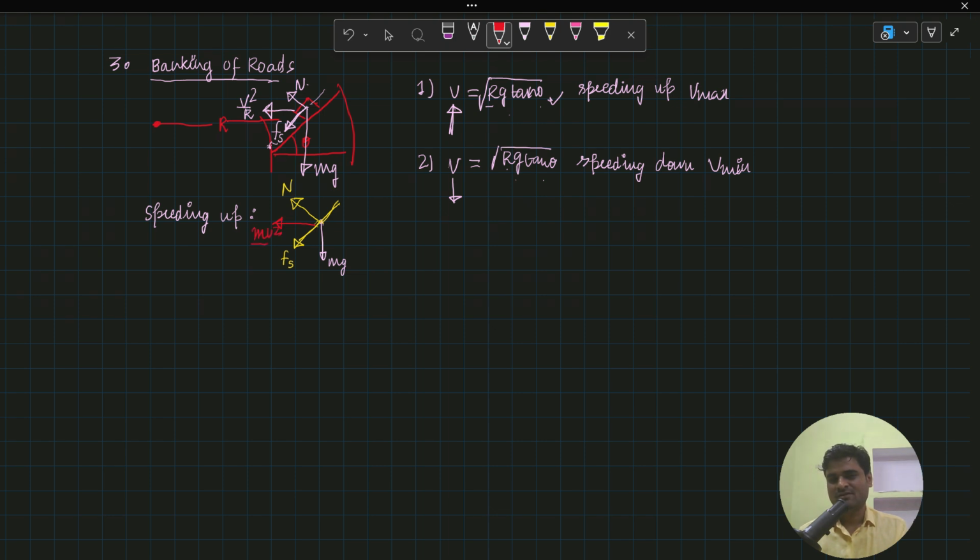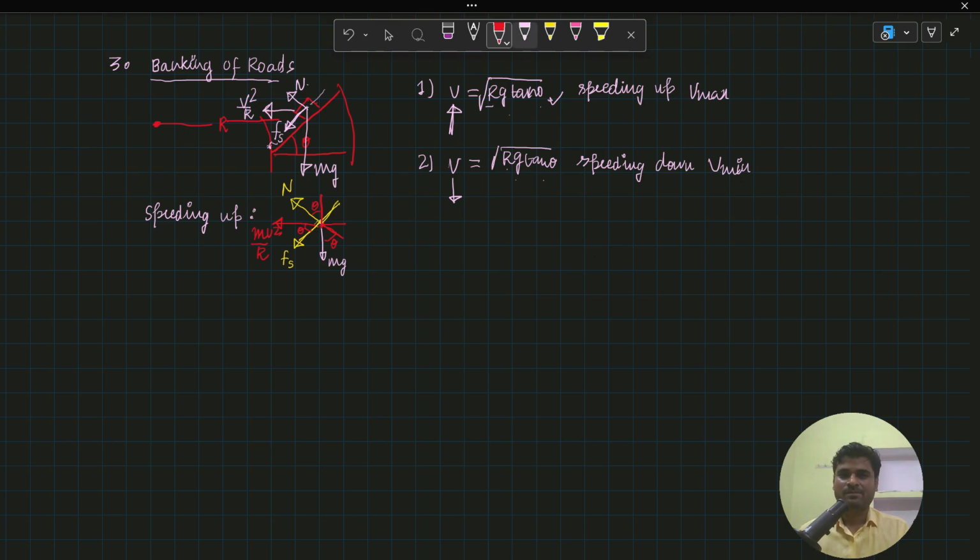So we can break this force on this axis and this axis. If our inclination is theta, then this will also be theta, and this will be theta.